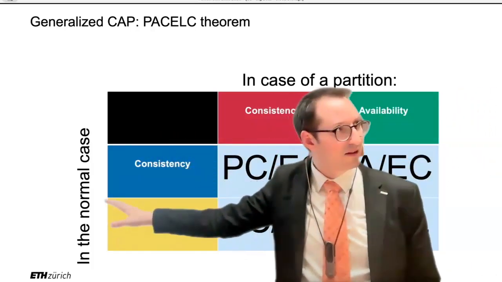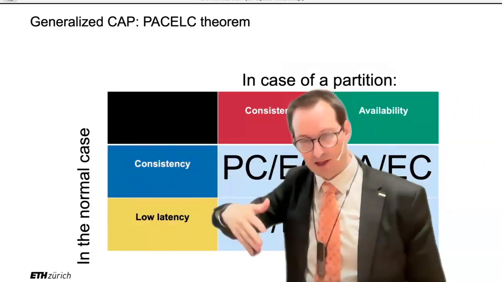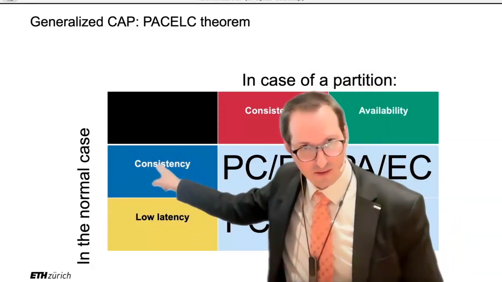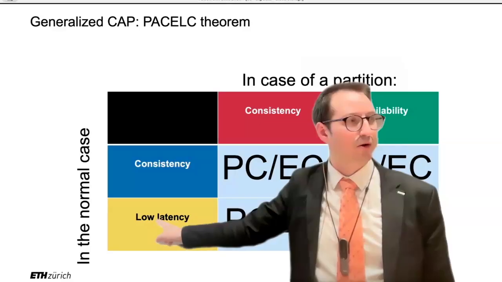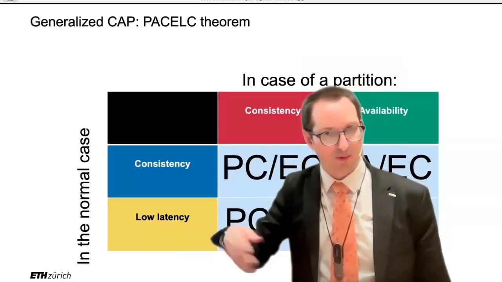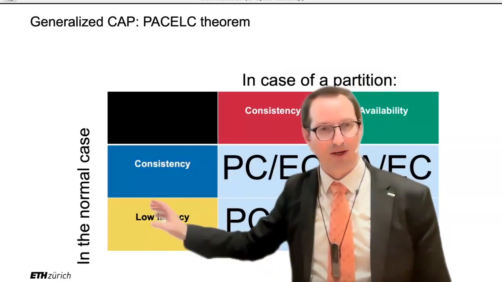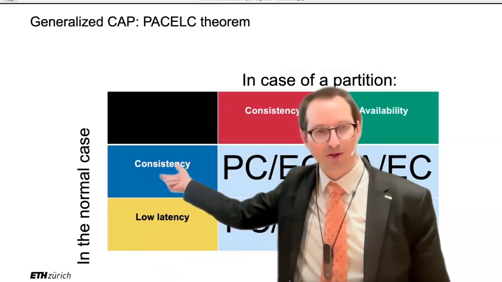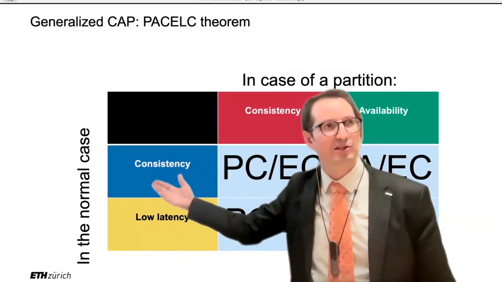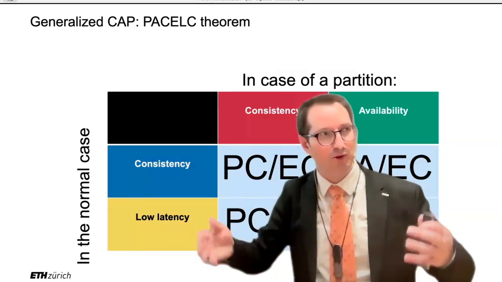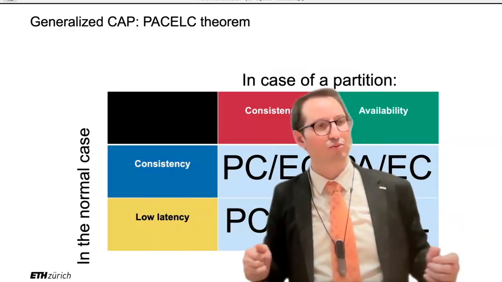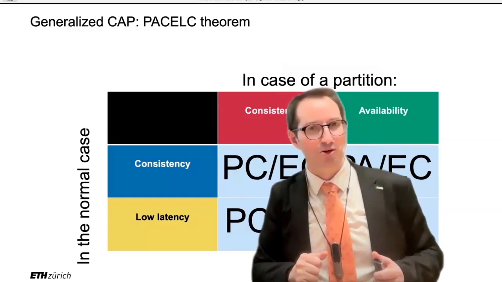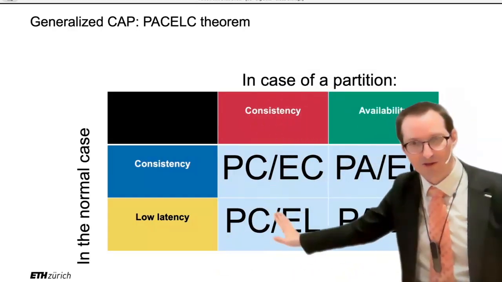And in a normal case, where it doesn't break and there's no partition, you also have to make a choice. Either you're consistent or you're low latency. Low latency means the responses are very, very fast, right? So you have to make a choice. And the idea is that there's a trade-off here too. If you want to be consistent, you need to be a bit slower, right? And why? Because you need time for the information to propagate. For whom is that intuitive? Okay, so that gives us 4 kinds of systems, right?